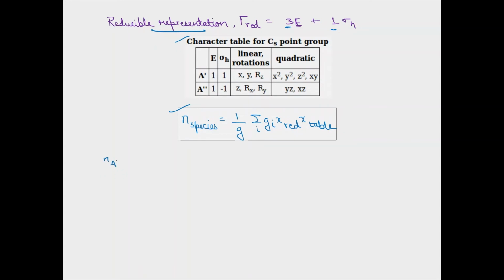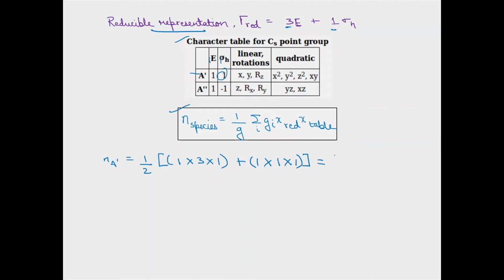So N A dash is equal to 1 by G, where G is the order of the group, which is 2. Then sum over GI, so this is GI, that is 1, into chi reducible for E, it is 3, into chi table for A dash, it is 1, plus GI, here also this value is 1, into chi reducible for sigma h it is 1, and then chi table this value is 1 again.